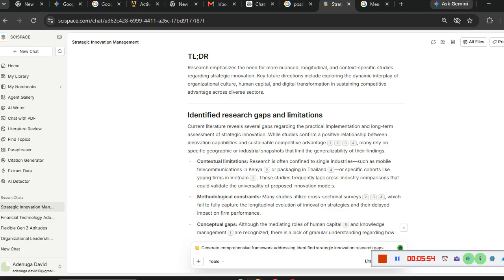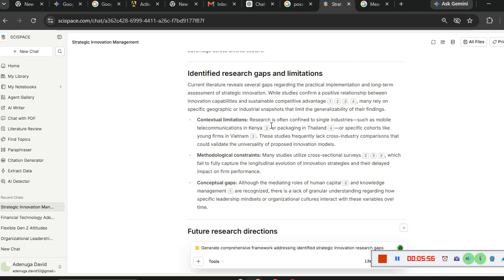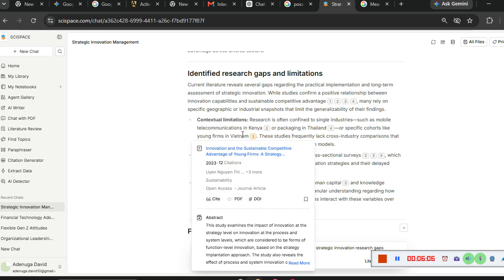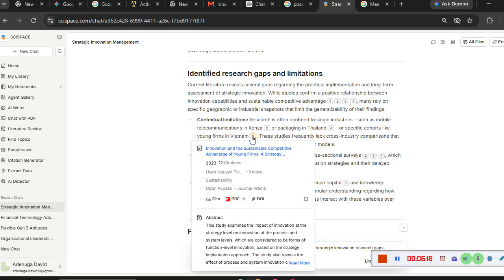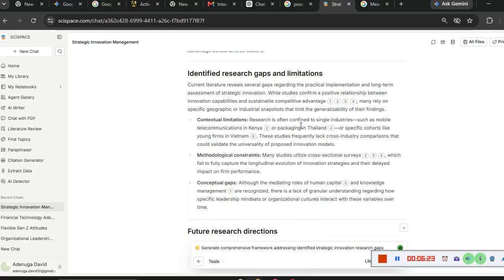So they further say contextual limitation. Research is often confined to a single industry, such as mobile in Kenya or packaging in Thailand, or a specific cohort like a young firm in Vietnam. If you remember vividly, this young firm in Vietnam should ring a bell. That is where I identified that one of those journals is also cited here. And let's see who the author is. 2023, obviously, because I saw the name in the reference.